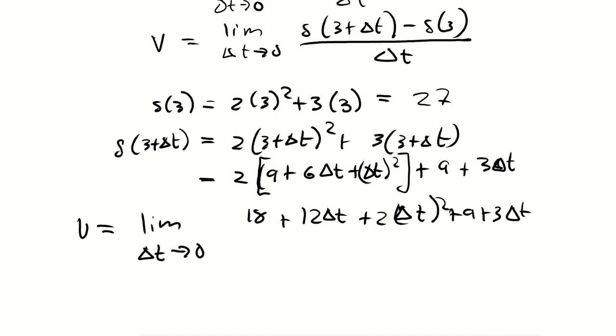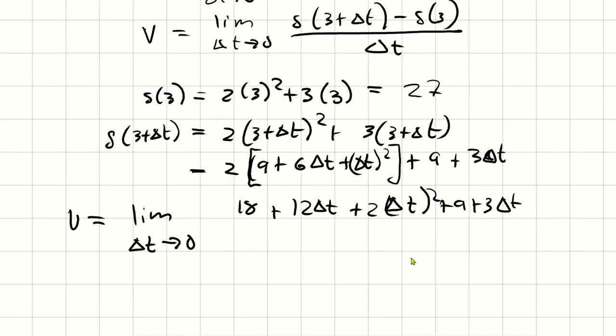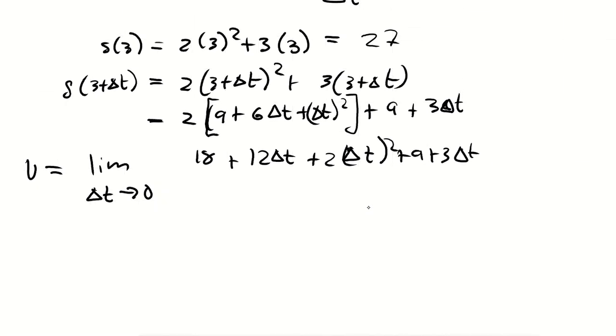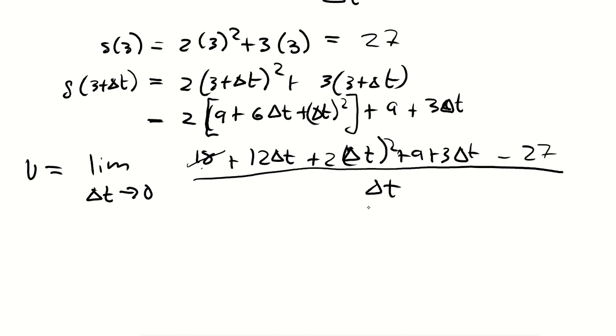So this is s of 3 plus delta t. Then minus s of 3. Our s of 3 is what? 27, all over delta t. Then we can simplify. 18 plus 9 is 27 here, minus 27, so this will cancel out.